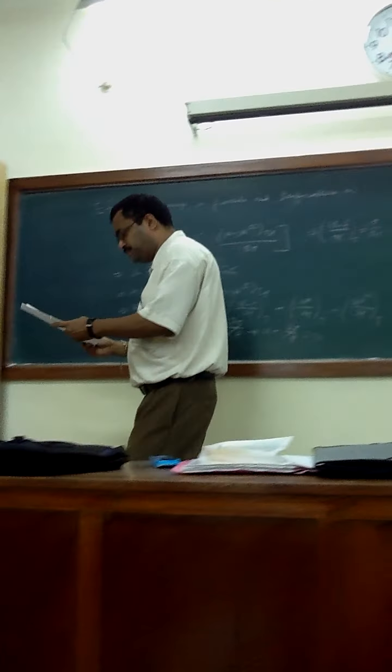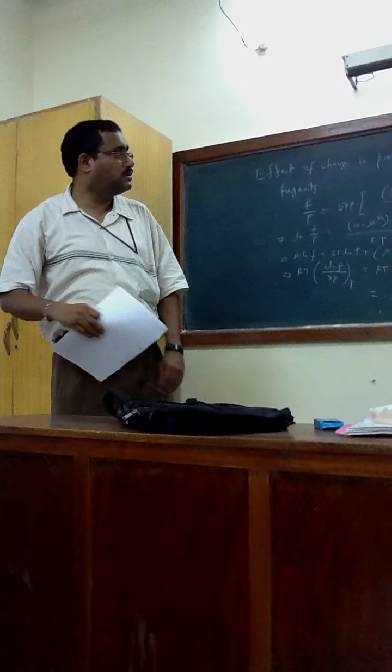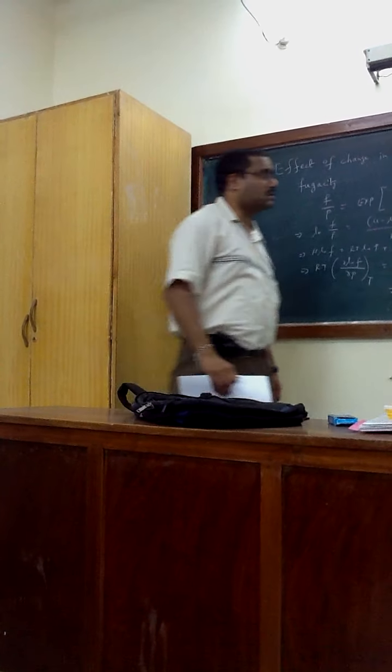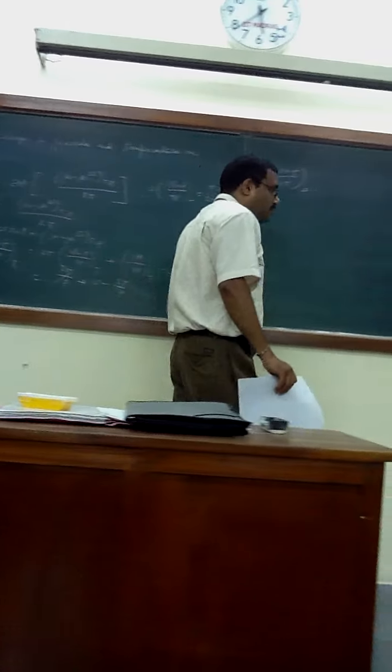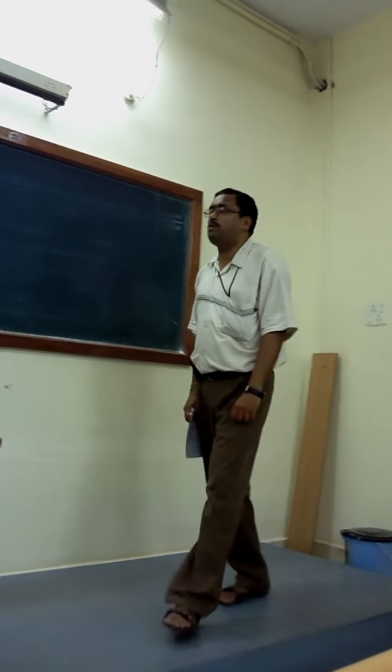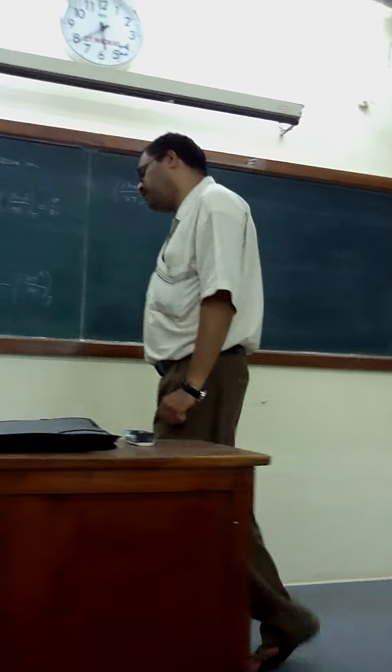What did you get? Let's see. Who can give me the solution? I will do my way. We got V by RT for the first case. For this one, I want you to do that, and I want the answer.